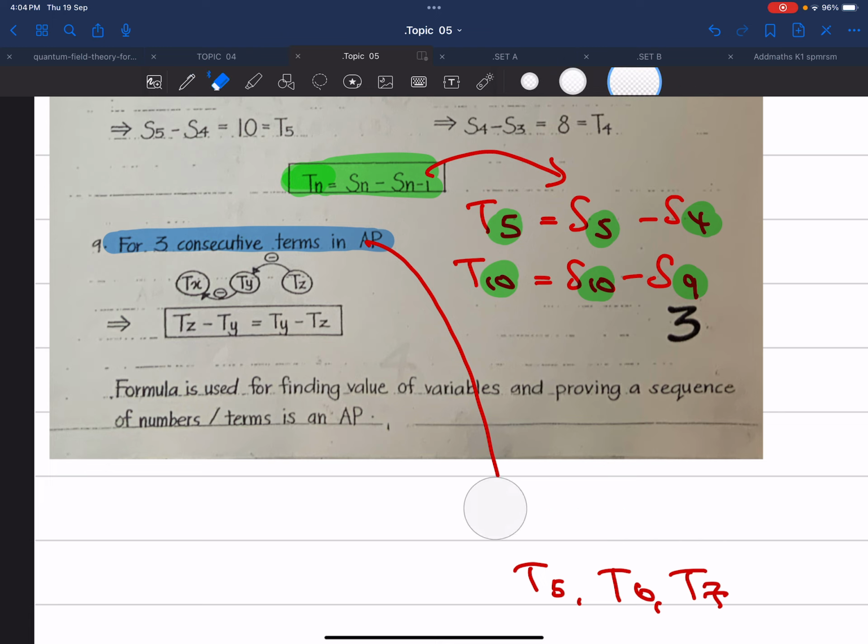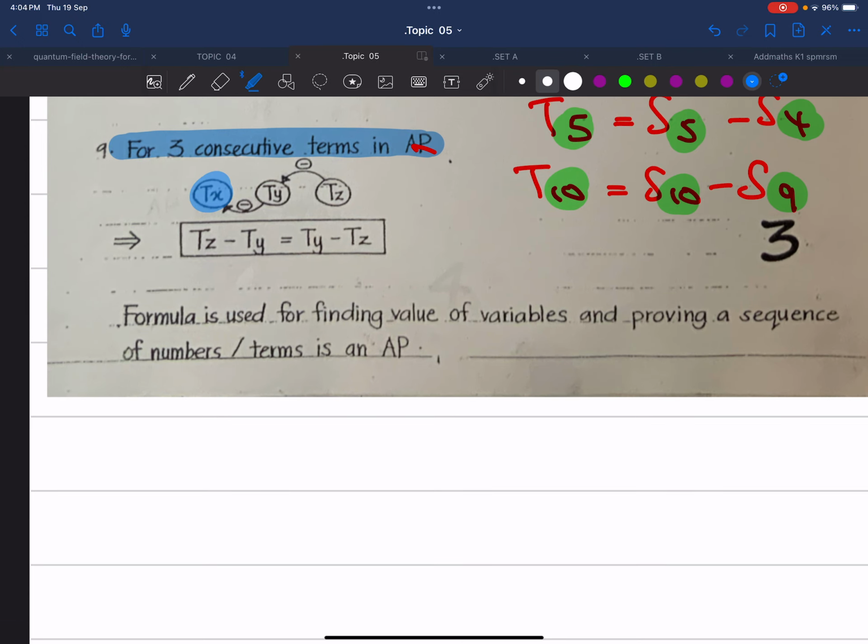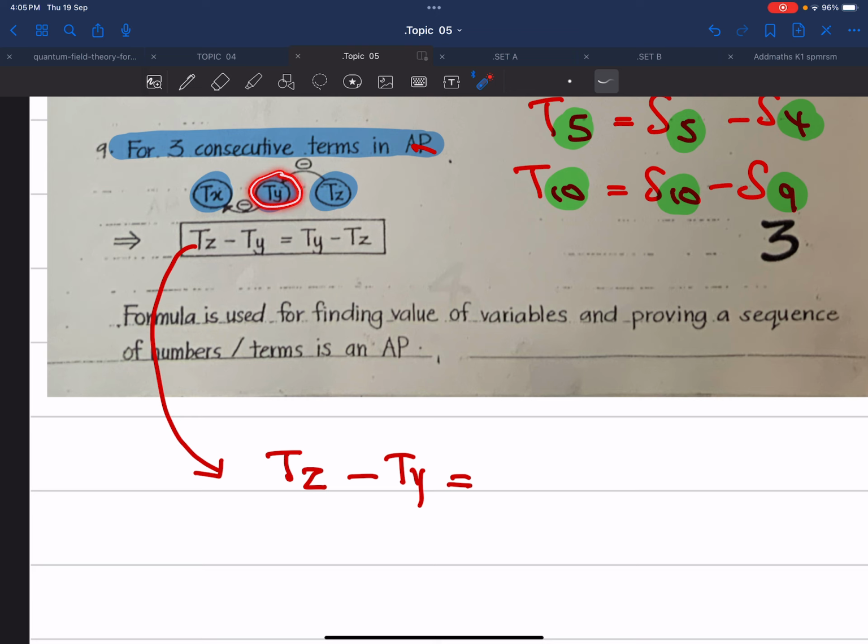So if you are given 3 consecutive terms, that is Tx, Ty, Tz, the formula is: you take Tz, you minus the one before it, which is Ty, equals you take Ty minus the one before it, Tx.